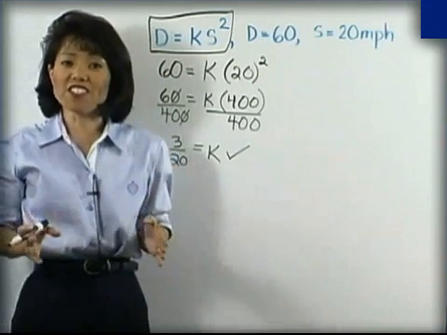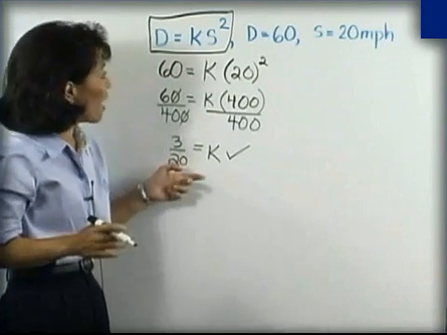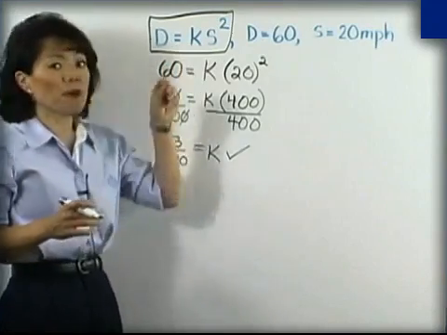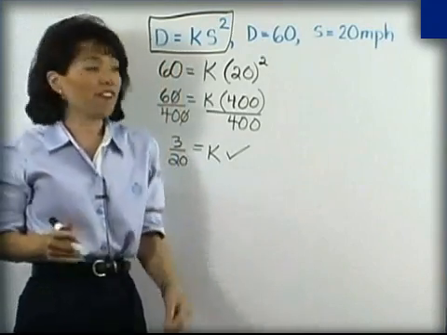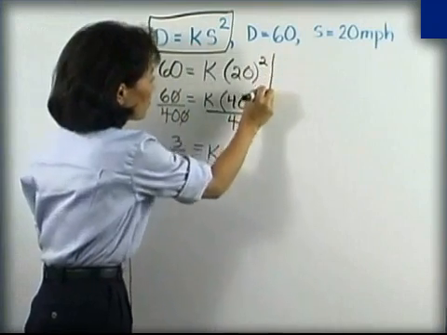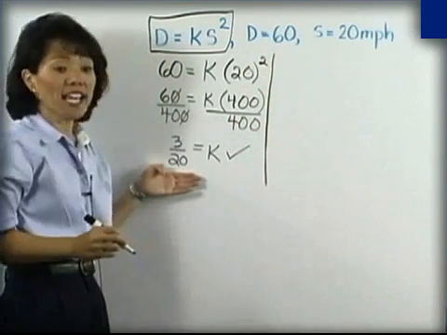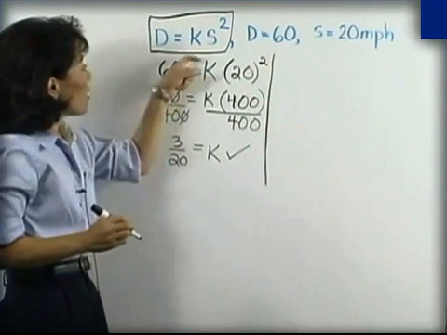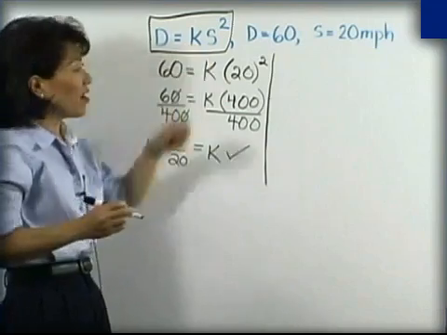Once we find our constant of variation, we take this value and substitute it back into our equation of variation. So let's work with that. We're going to take k equals 3/20 and substitute it into our equation of variation.